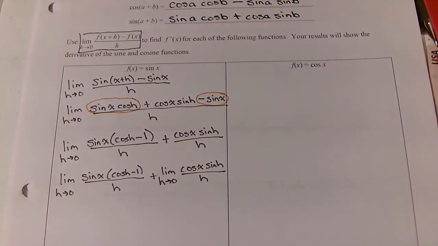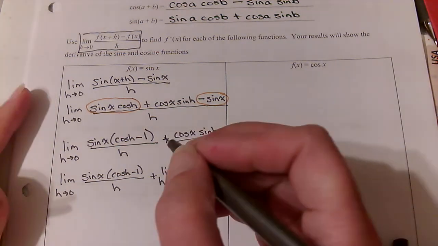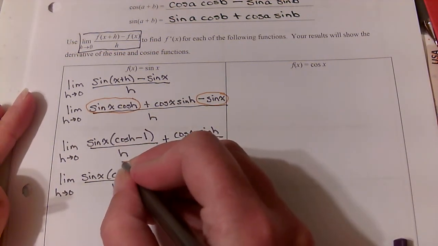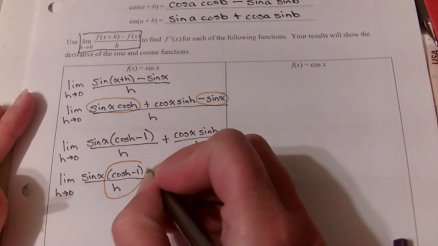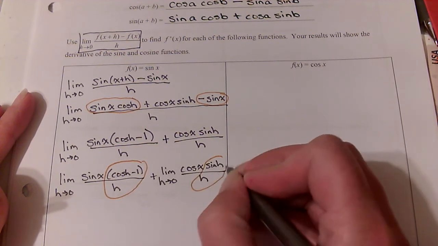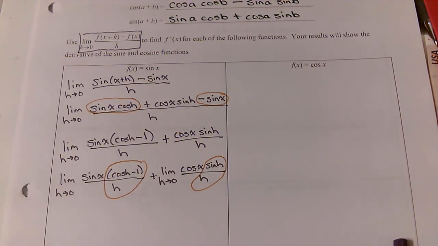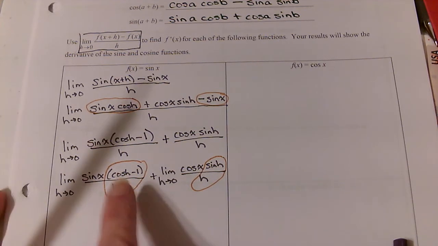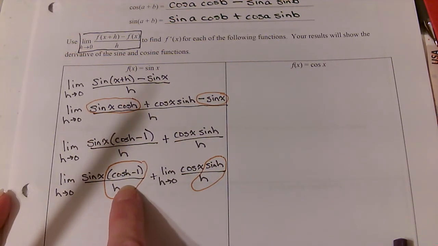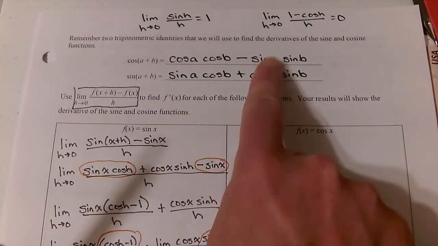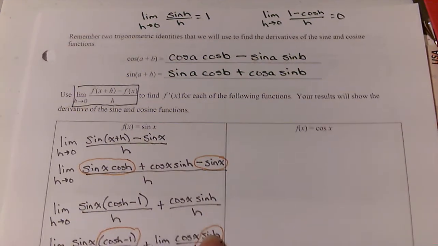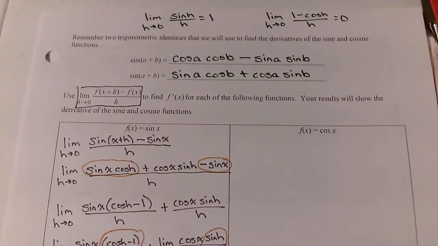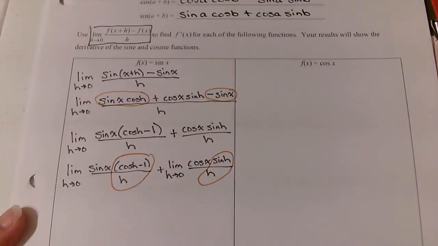Now I want you to notice something. Some of this should look really, really familiar. As h approaches 0, that's going to go to 0. And as h approaches 0 on this one, it's going to go to 1.